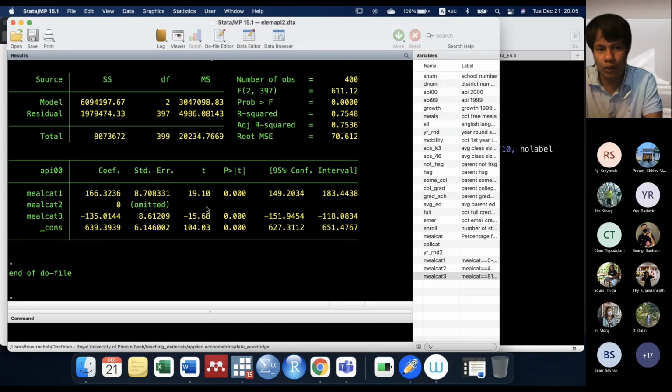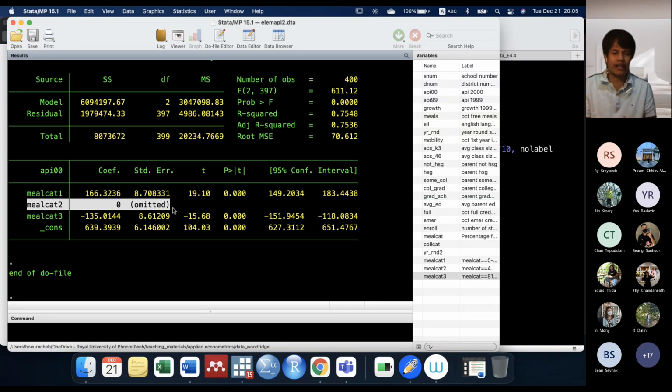In this case, it dropped Meerkat number 2. Questions? So, as I told you during the lecture, if you have a variable with 3 categories, only use 2 dummy variables. Questions?